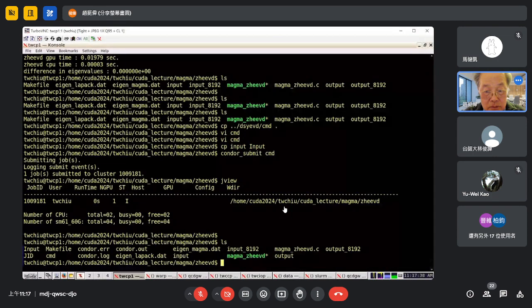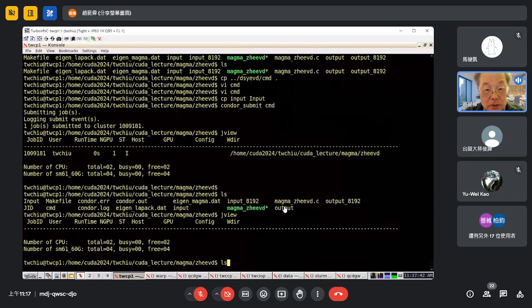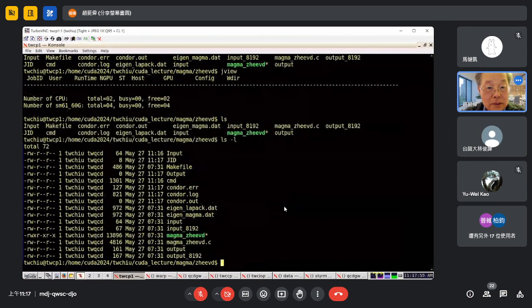Let me see the output. Does it have the output at all? No, it does not have output. It has an error here, you can see in the CUDA condo.err.